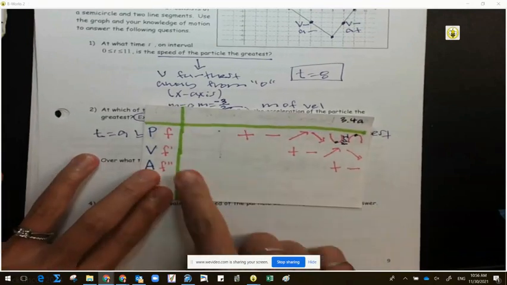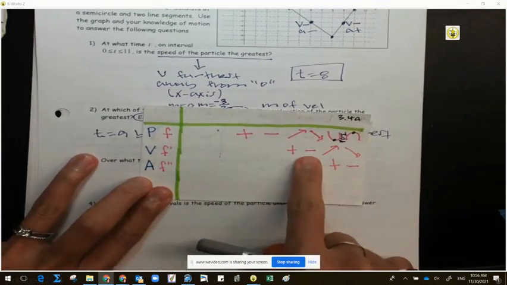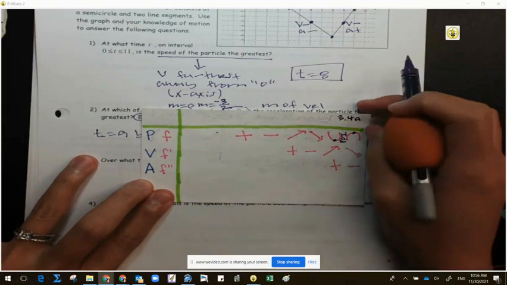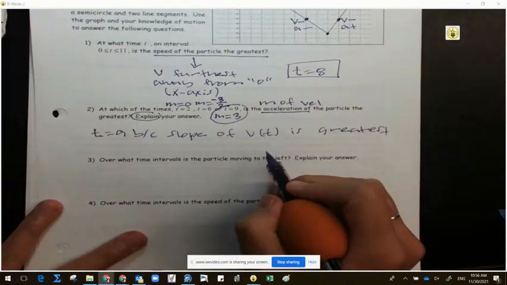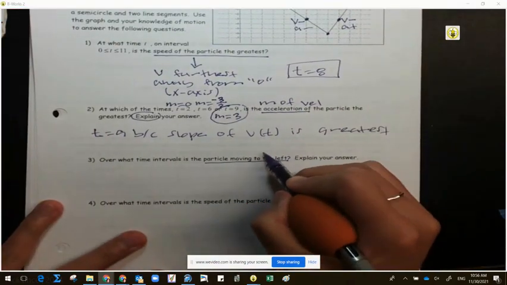All right, Karis, let's read number 3. Going back to our PVA card, the particle is moving to the left when the velocity is what kind of sign? It is negative, so it's going to the left. So let's write as a note, our velocity must be negative.